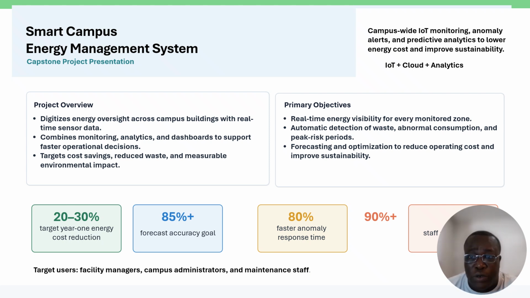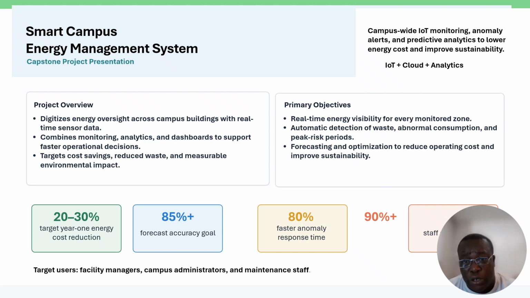During this project, I'm going to use key components to create this system to get real-time energy visibility for every monitored zone, and also plan for automatic detection of waste, abnormal consumption, and peak risk periods during different times of the season across the campus.